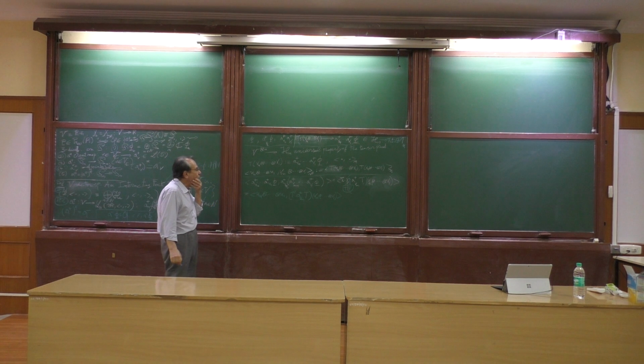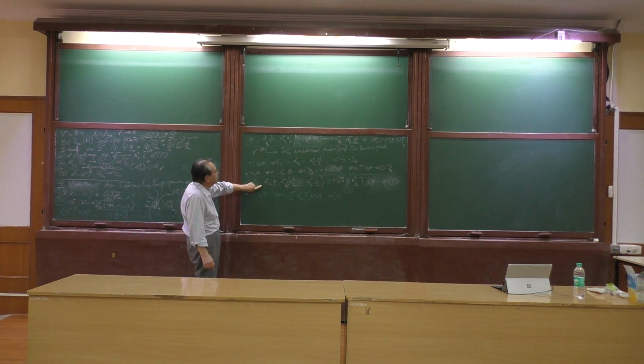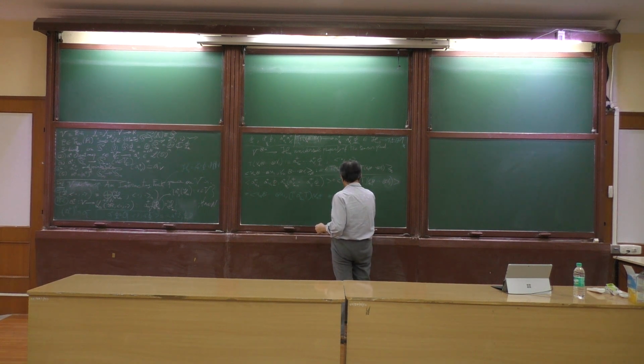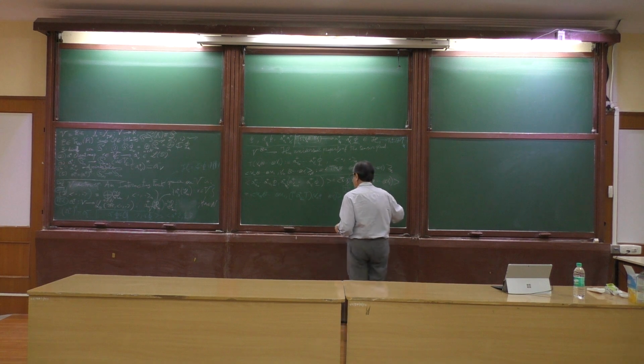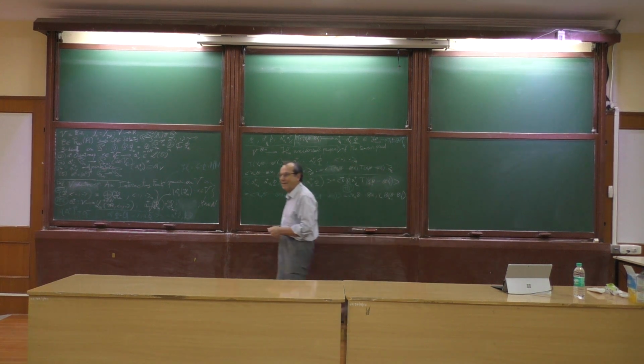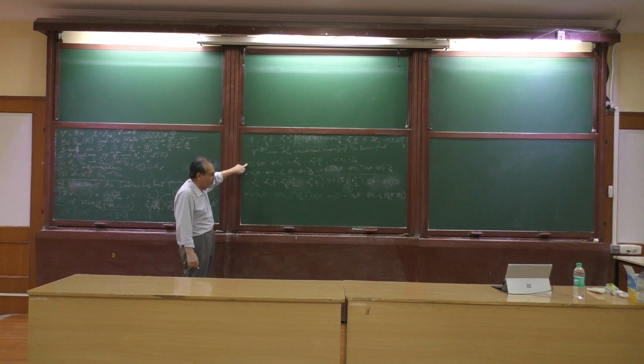So, what does it mean? But I know from the definition of my scalar product, which is this one, that this is also equal to what we call the universal tensor homomorphism.